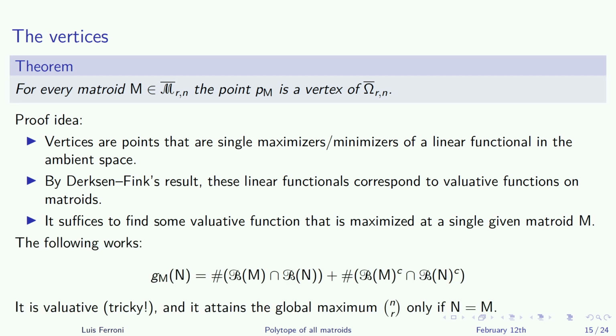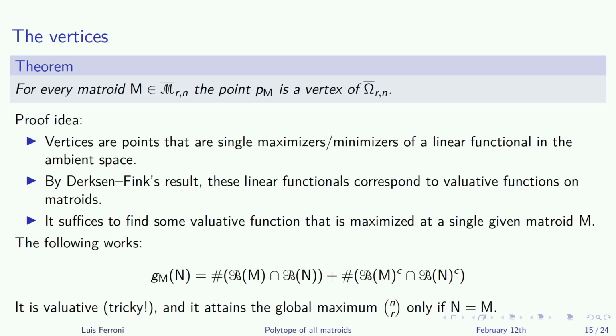How to do that? Well, one way is the following. You give me the matroid M, and I cook up the following function, G_M. If N is the input matroid, I compute the number of bases in common and the number of non-bases in common. If you do this, you can prove that it is a valuation.